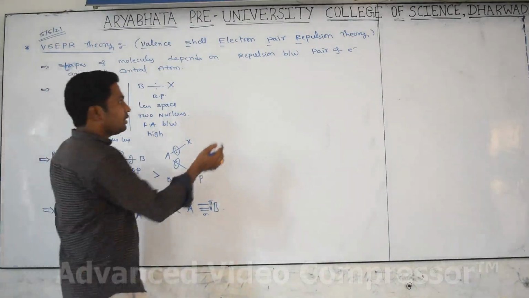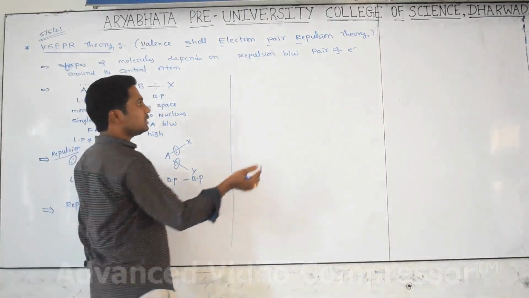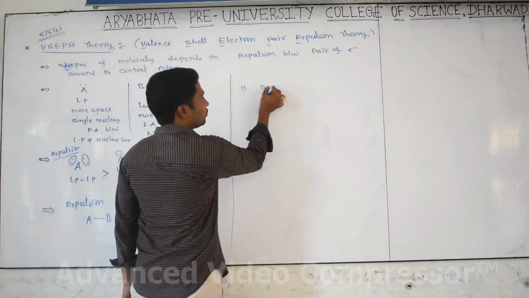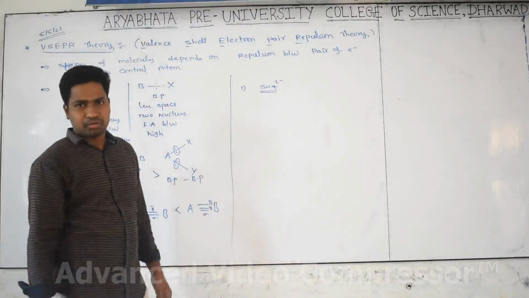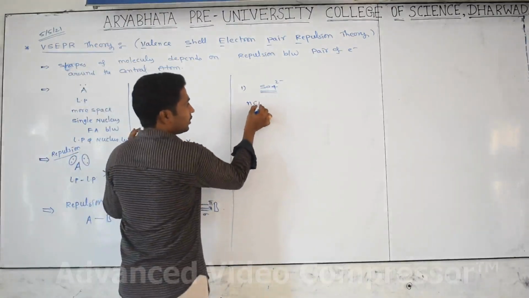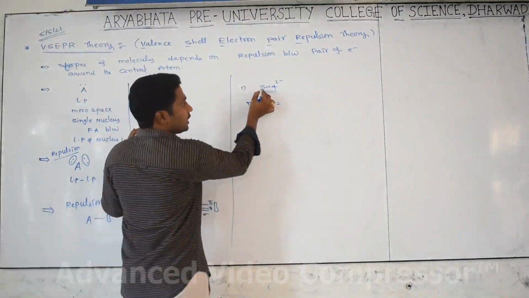Yes. I will just tell you some important points about what is happening there. See, one example is SO4 2-. What is the hybridization? Yesterday I told you one formula for this. Number of hybrid orbitals equals, what is the central atom here?